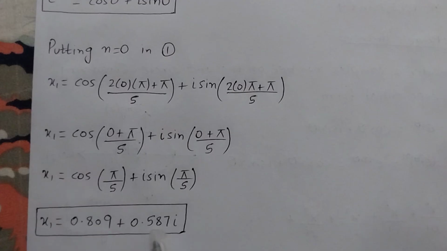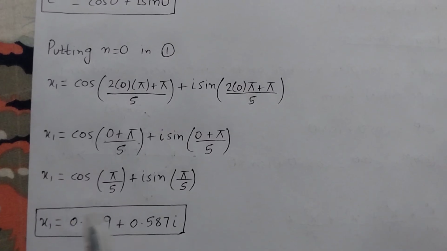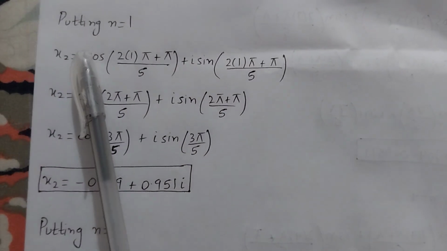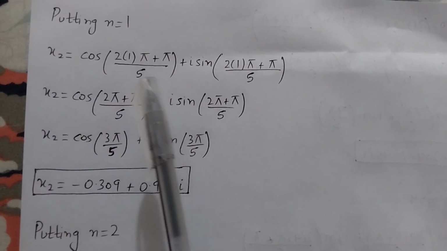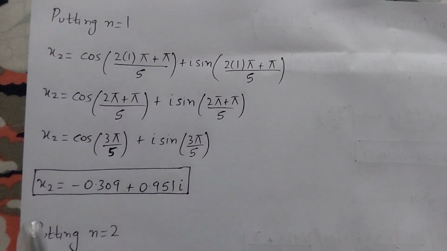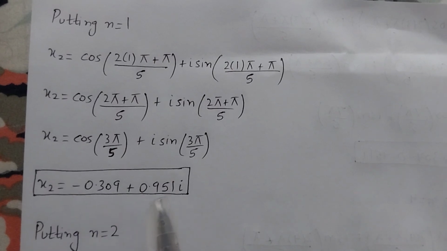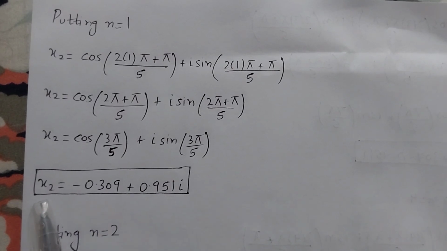It has a real part and an imaginary part. So by putting n equal to 1, we just need to simplify it. Simple enough. So x2 is minus 0.309 plus 0.951 iota. So we have the second root for our equation.